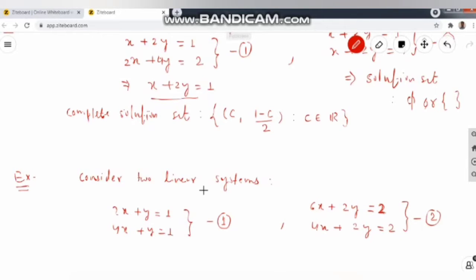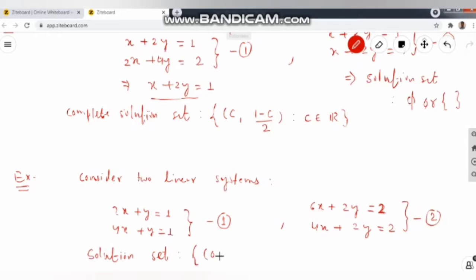But what we can see here is that the solution set for both the systems is simply the same, because for the first system the solution set is simply this ordered pair (0, 1).